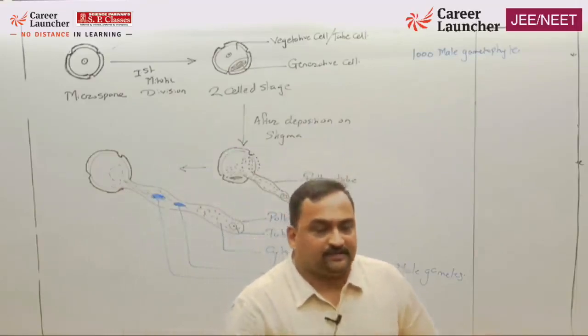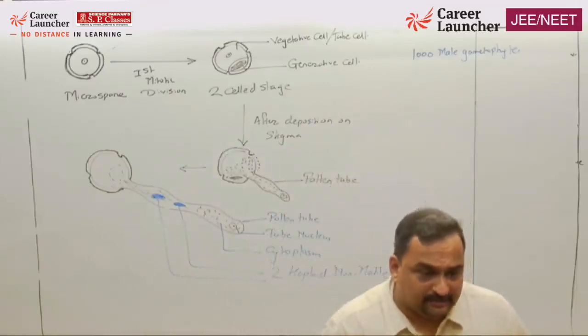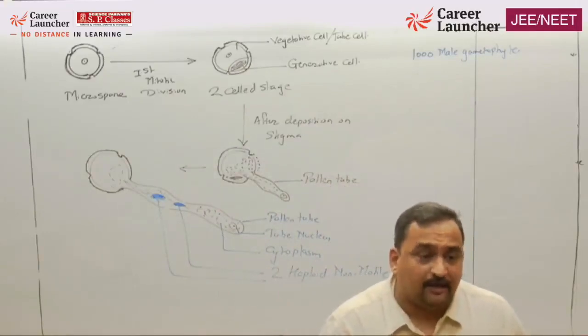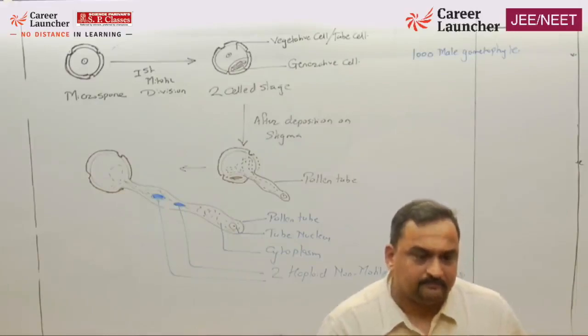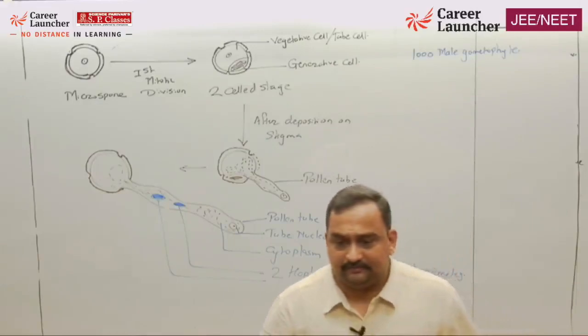If the question is asked, how many meiotic divisions and mitotic divisions are required for formation of 1000 male gametophyte, how will you deal with the question?